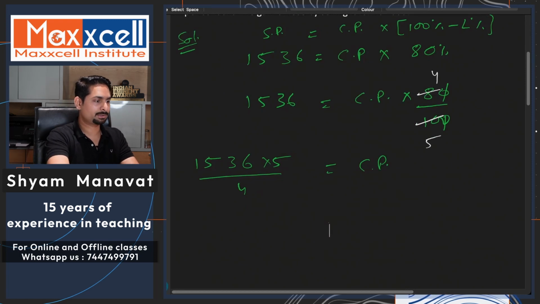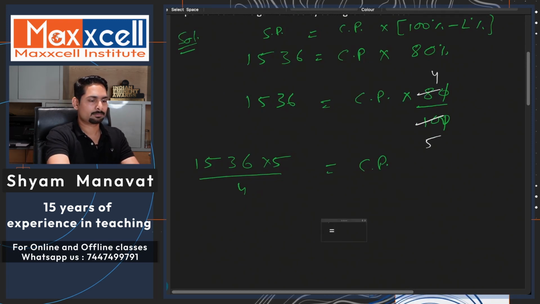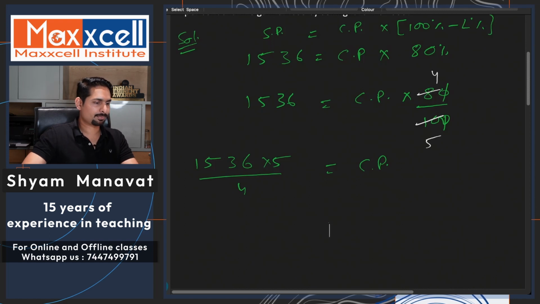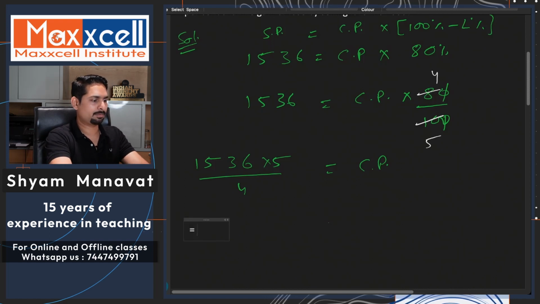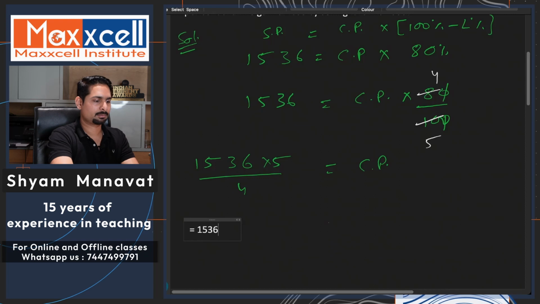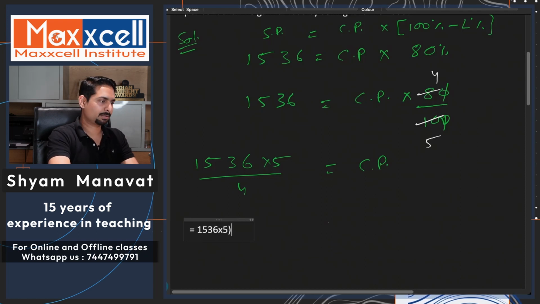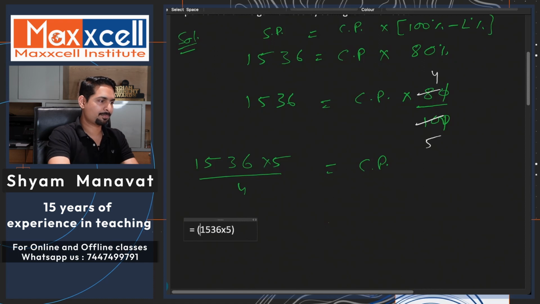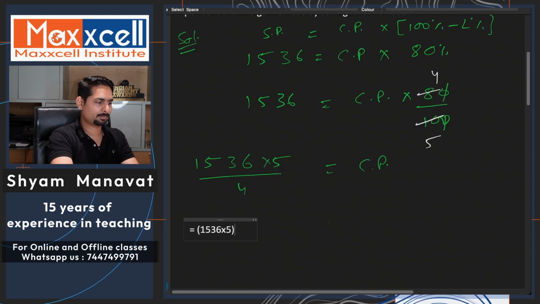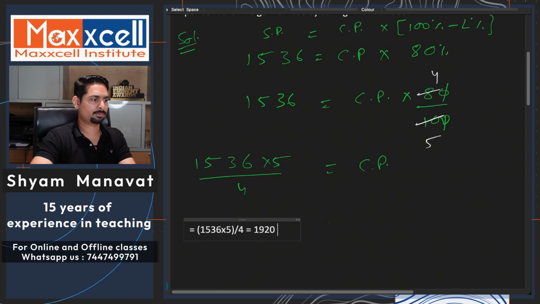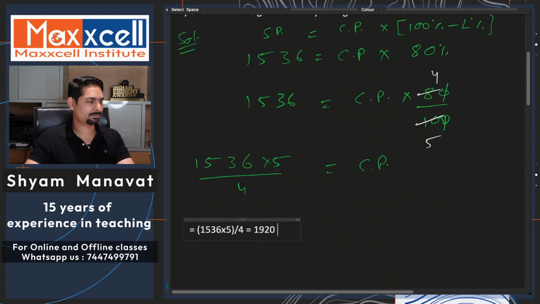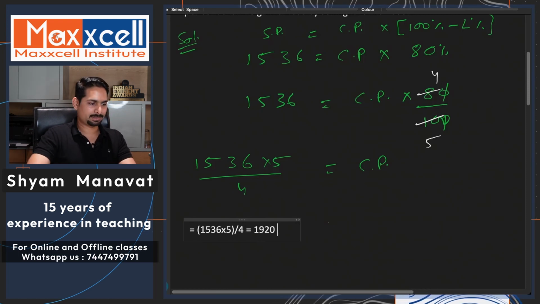You can do the calculation here. That's 1536 multiplied by 5, and this whole thing divided by 4. So you got 1920. That's nothing but the cost price.